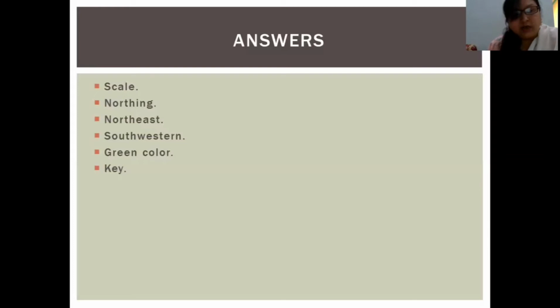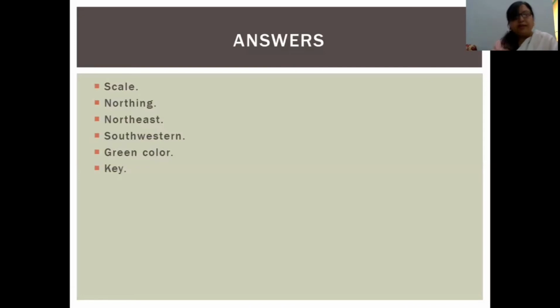The answer is southwestern. Next is, in physical maps, shades of green color are used to show the lowlands or plains. Next, the key of the map helps us understand the conventional symbols used on the map.